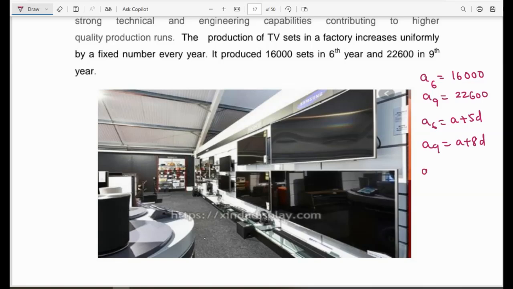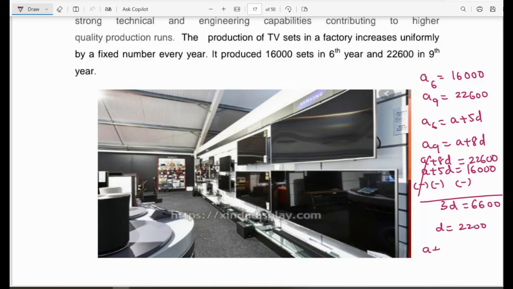So A plus 5D equals 16,000, then A plus 8D equals 22,600. If you subtract, A will get cancelled, so 3D equals 6,600. So D will be 2,200.